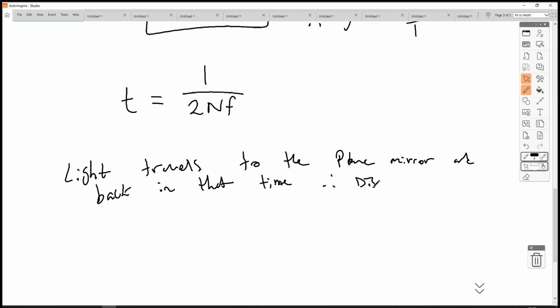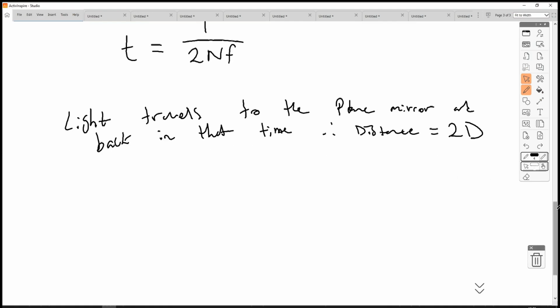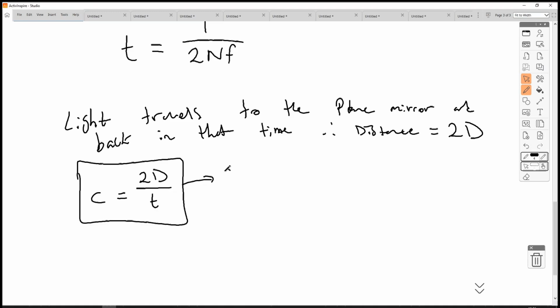Therefore, distance equals 2d. So then we know that the speed of light is equal to the distance it traveled divided by the time it took to travel that. So c equals 2d over little t. So this is from v equals s over t.